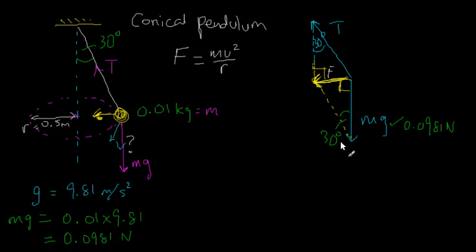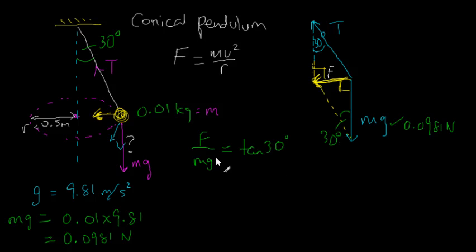So with this right angle triangle, I already have enough information, because I know this side and I know this angle, to find F. The relation between F and this side is a tangent. So F divided by this mg here is equal to the tangent of 30 degrees.